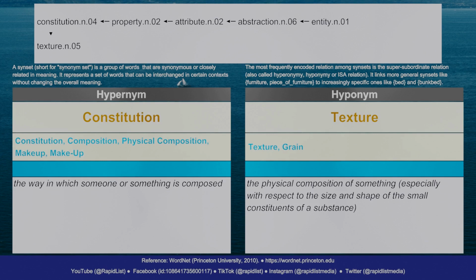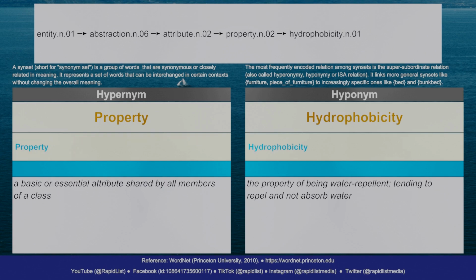The physical composition of something, especially with respect to the size and shape of the small constituents of a substance. Breadfruit has the same texture as bread. Hydrophobicity. The property of being water repellent, tending to repel and not absorb water.